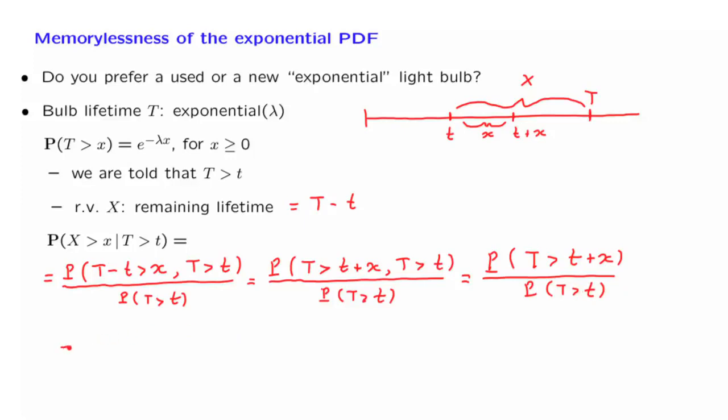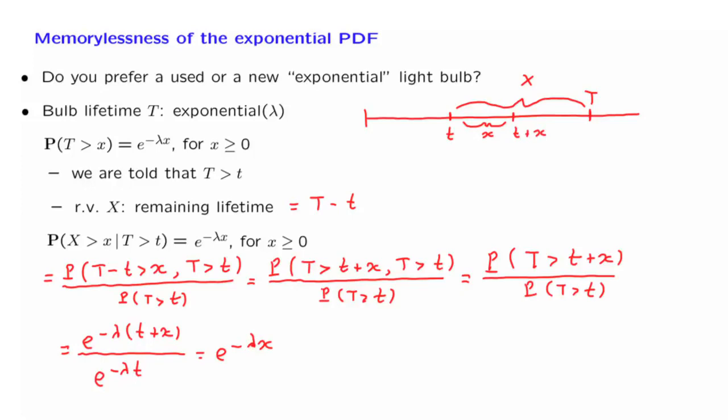Now we can use the formula for the probability that capital T is larger than something. We apply this formula, except that instead of little x, we have t plus x. And so here we have e to the minus lambda (t plus x) divided by the probability that capital T is bigger than t. So we use this formula, but with little t in the place of little x, and we obtain e to the minus lambda t. We have a cancellation, and we're left with e to the minus lambda x, which is the final answer in this calculation.